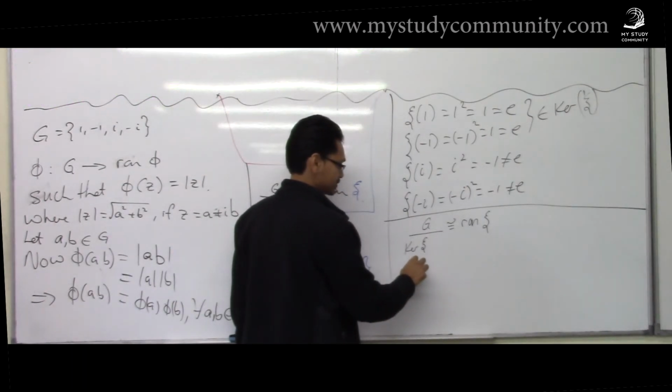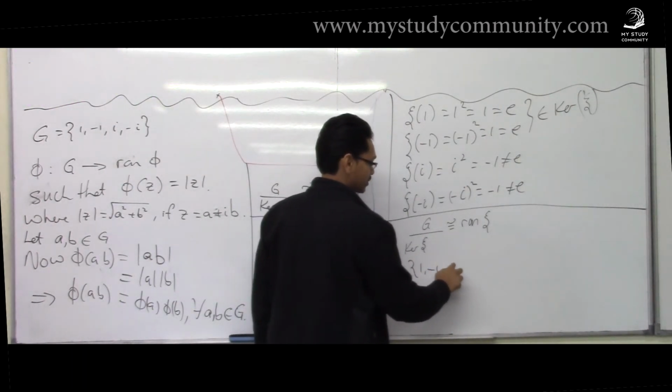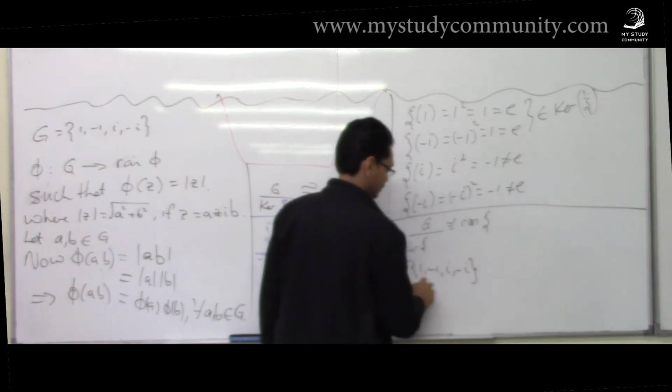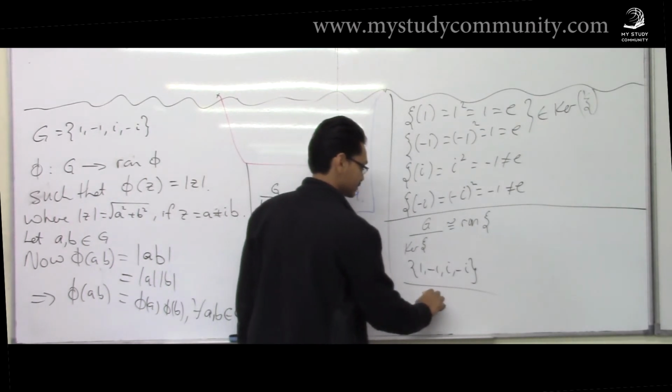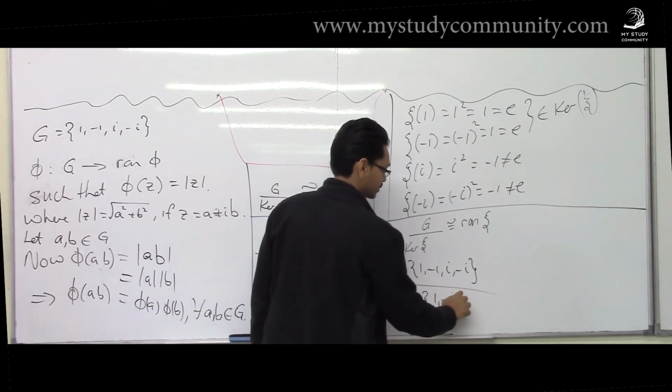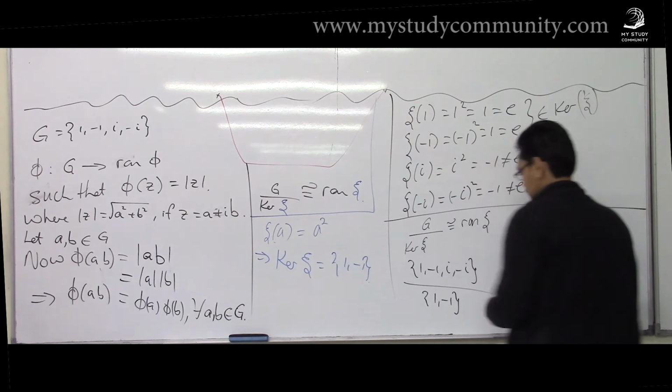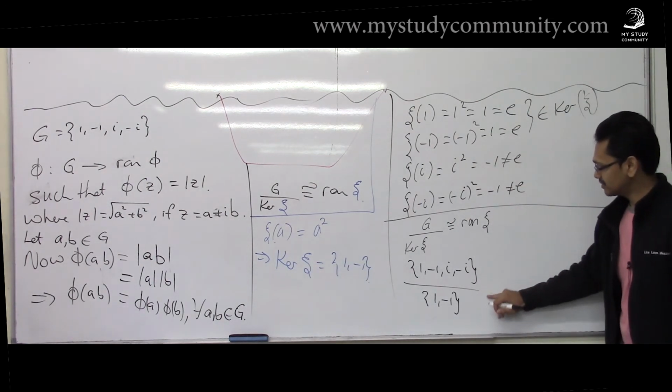So G is 1, minus 1, i, minus i, and the kernel is 1, minus 1. I'm just simplifying this here.